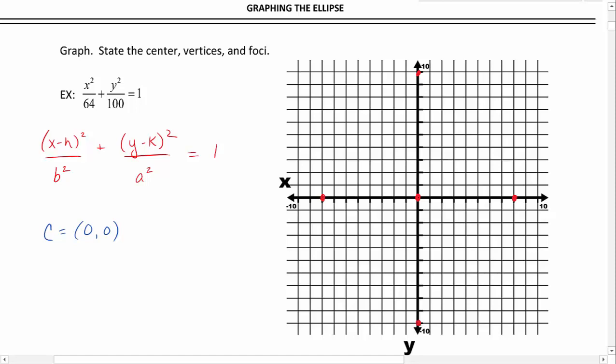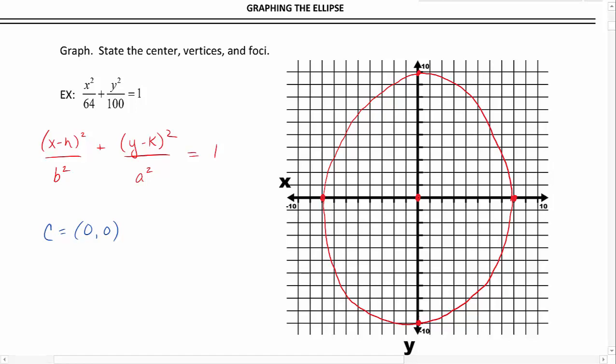So now let's try to make some kind of nice looking oval out of this. They're never perfect. There we go. So there's our ellipse.